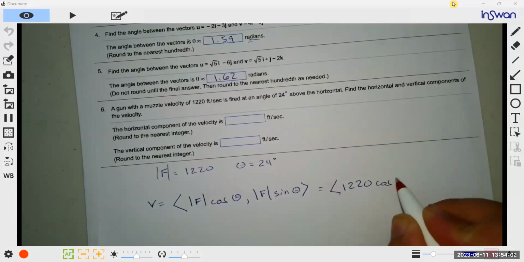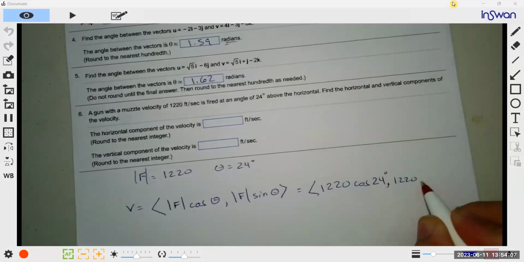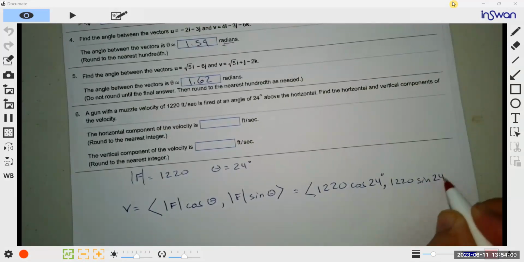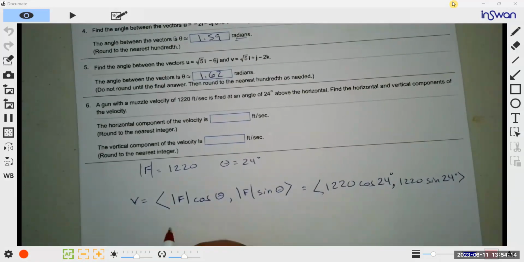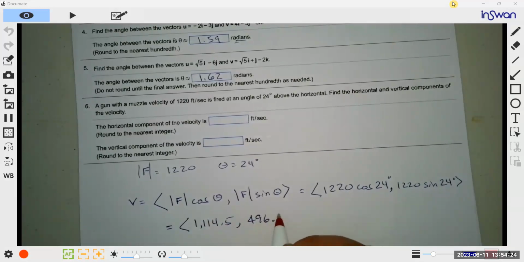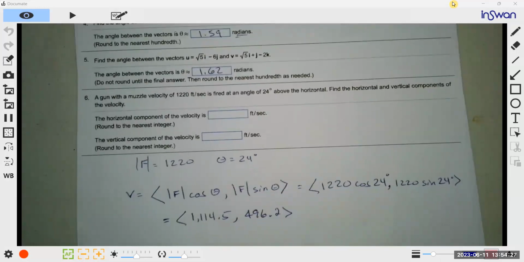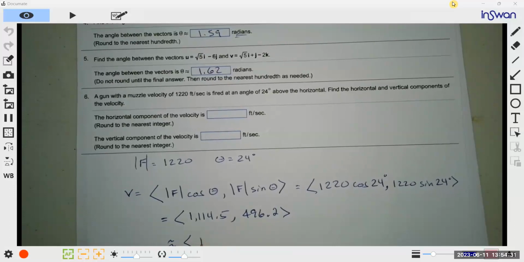1220 cosine of 24 degrees, 1220 sine of 24. That gives 1114.5 and 496.2. It doesn't want any decimals, so round this one up, round this one down.